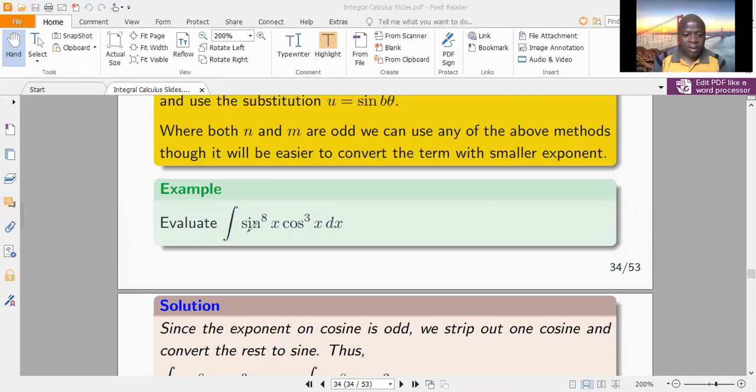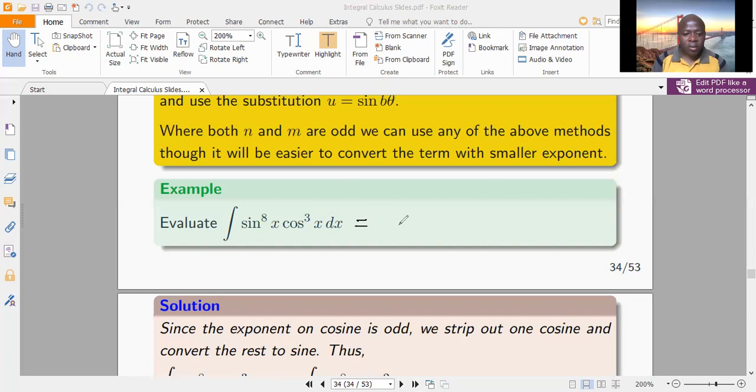We are integrating sine x raised to 8 multiplied by cos x raised to 3 dx. I've said that we go for the exponent that is odd. That is the exponent of cosine, so we strip out one cosine and convert the rest to sine.